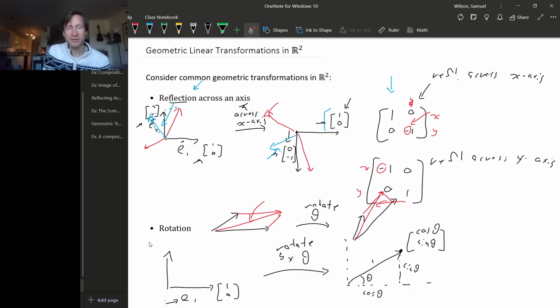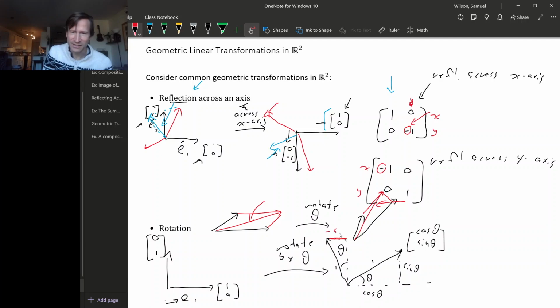Now let's do the same thing with the second standard basis vector, (0, 1). When we rotate that, it's like this, okay, and the angle theta shows up right here. Well, again, we have a right triangle with hypotenuse 1, but this time the sine of this angle theta shows up at the top of this right triangle. And it's going in the negative direction.